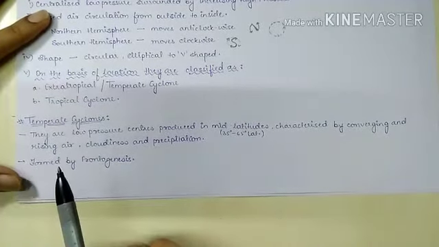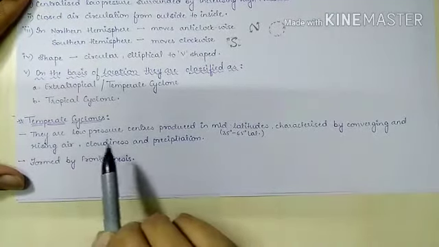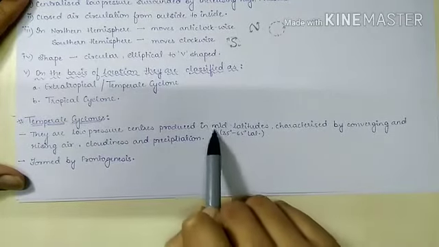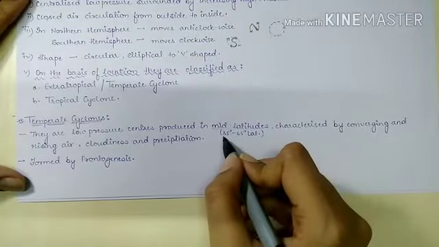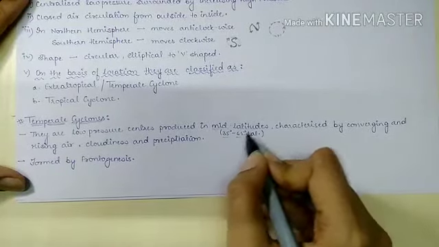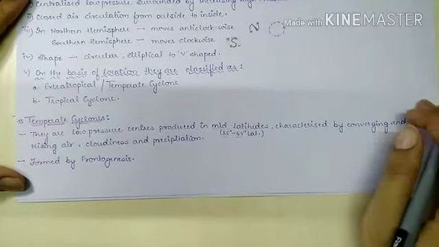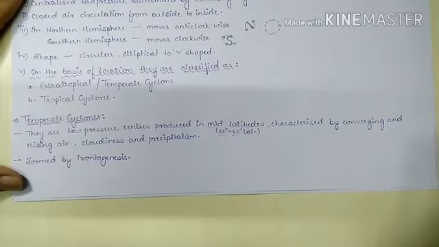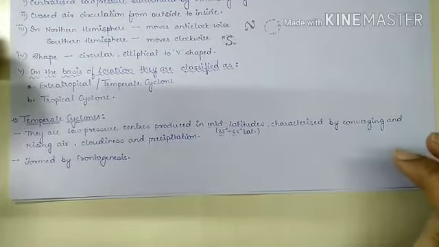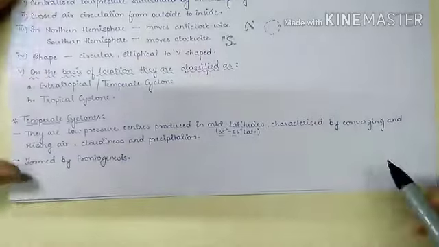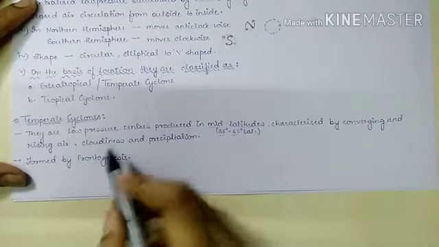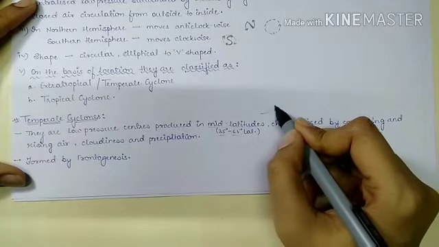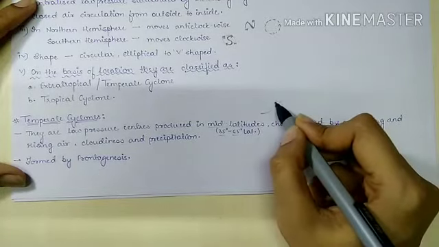The temperate cyclones are low pressure centers produced in mid latitudes. Mid latitudes range from 35 degree to 65 degree north and south latitude. They are characterized by converging and rising air. So air will converge and then rise up.